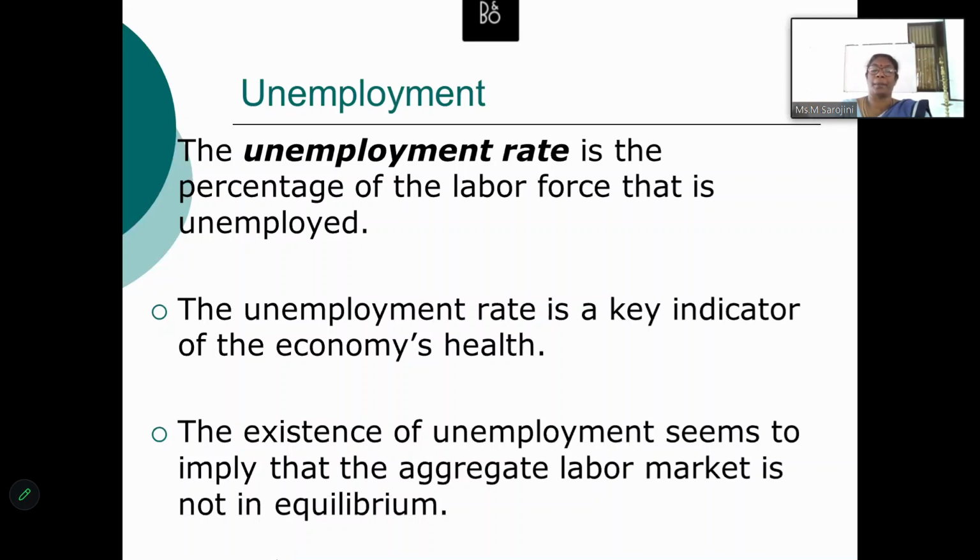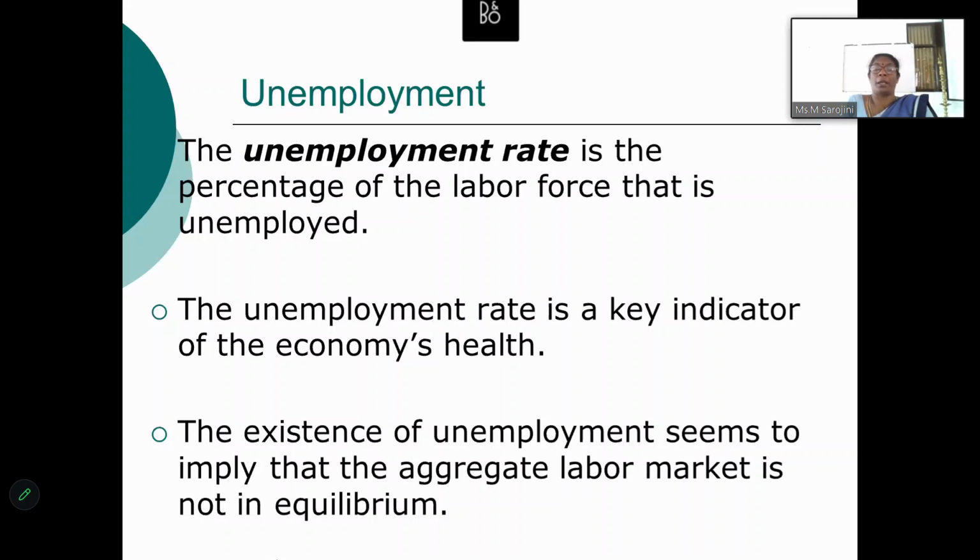But if the labor market is not in equilibrium, sometimes labor supply is higher than labor demand, or sometimes labor demand is higher than labor supply. These two positions, high labor demand and high labor supply, cause disequilibrium of the labor market.